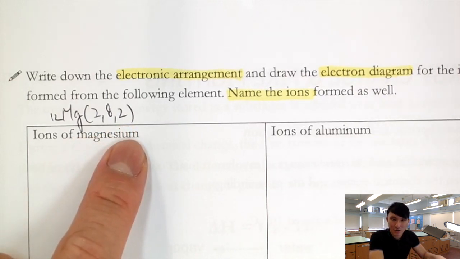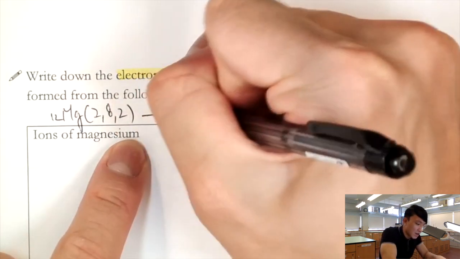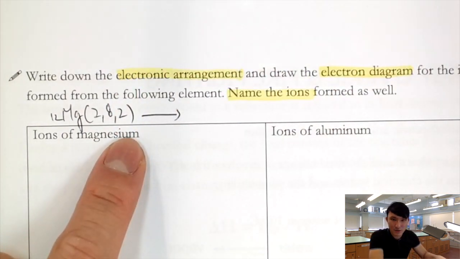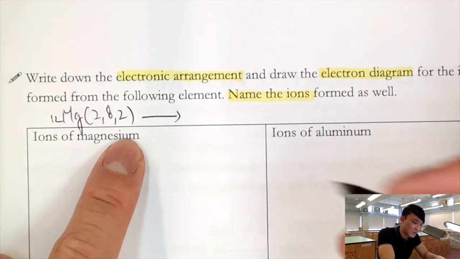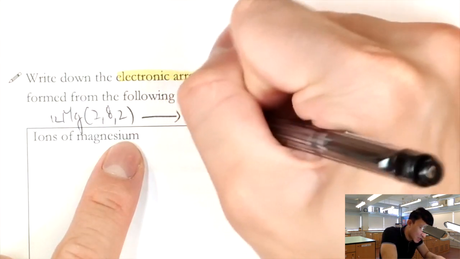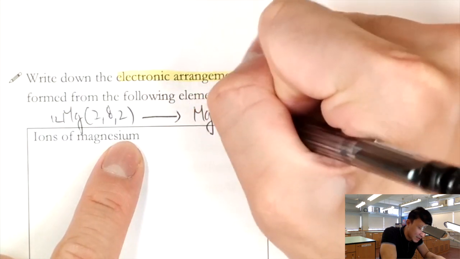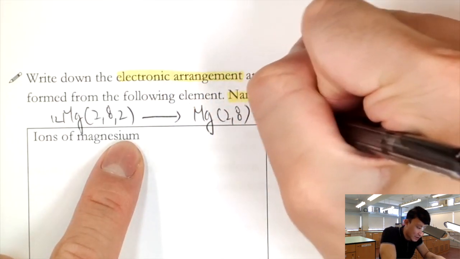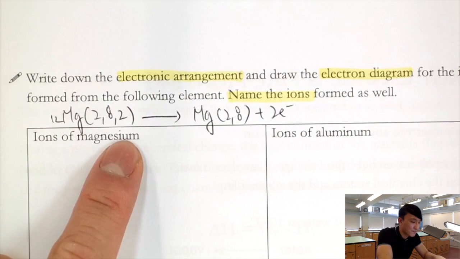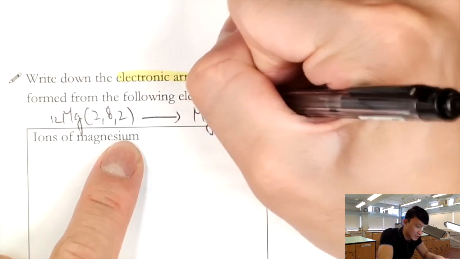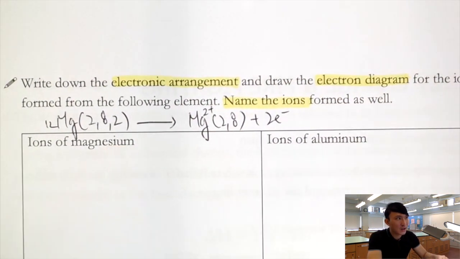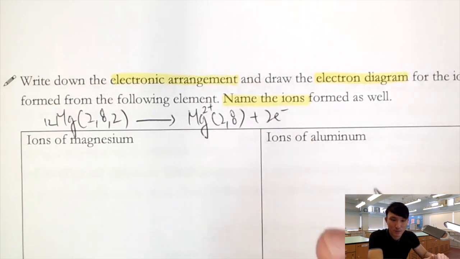Metals lose electrons. So how many electrons does it lose? Probably 2 electrons because it's group 2. So now it becomes Mg 2,8, and now it bears a 2 plus charge.